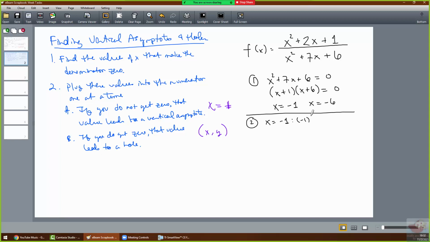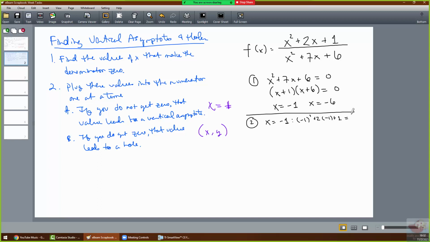So we'll have -1 quantity squared plus 2 times -1 plus 1. And what does that give us? 0.